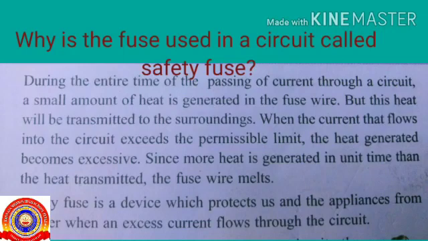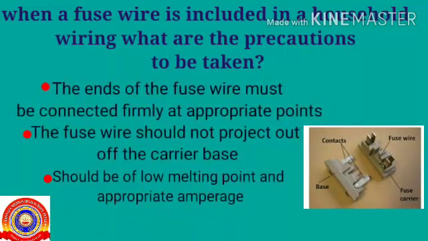When the current that flows into the circuit exceeds the permissible limit, the heat generated becomes excessive, since more heat is generated in unit time, that is in very small time, than the heat transmitted. As a result, the fuse wire melts. Safety fuse is a device which protects us and the appliances from danger.